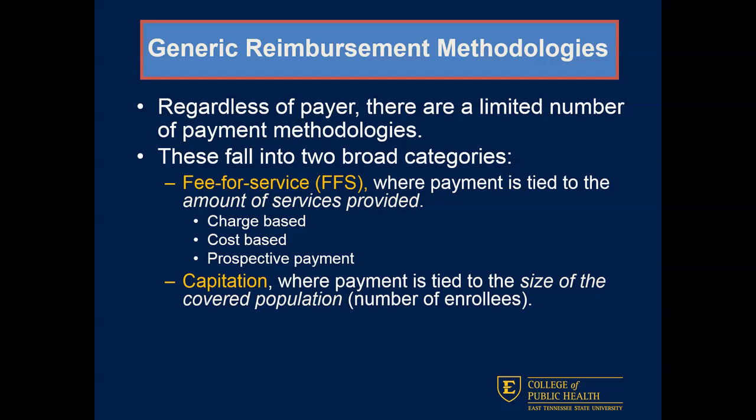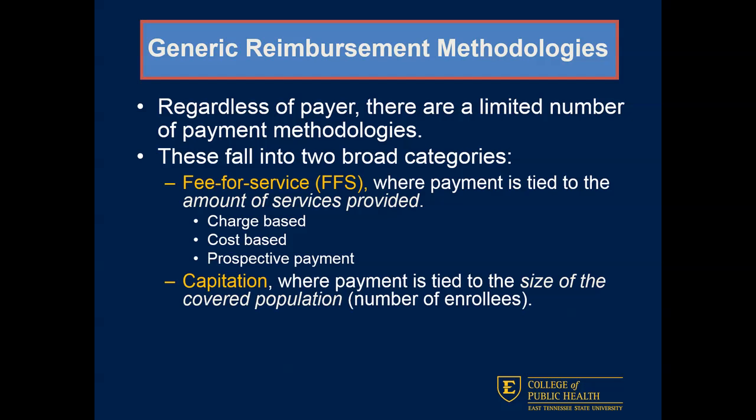So it can be broken down into a couple of different categories here, like charge, cost, and prospective payment. But it's exactly what it sounds like. It's fee for service, tied to the amount of services overall that are provided. And then you have the other side of this, which is capitation.